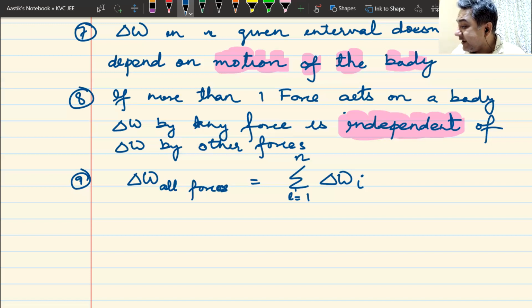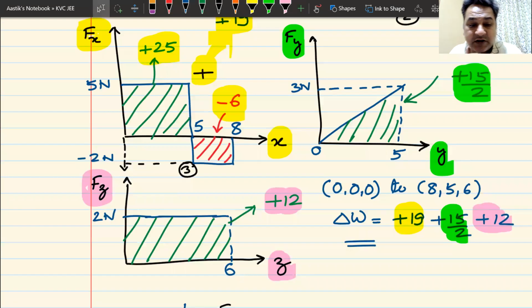And if you can recollect, this example that we did in the beginning of the class. Now, instead of thinking of this force as one, it was actually a part of one force. One was the x component, one was the y component, one was the z component. Instead of thinking of this force as one force, we can think of these forces as three different forces.